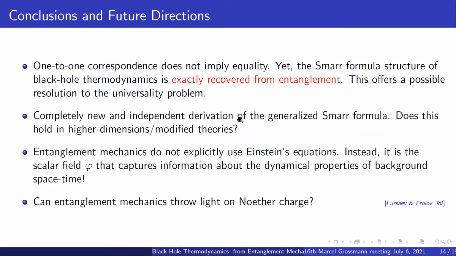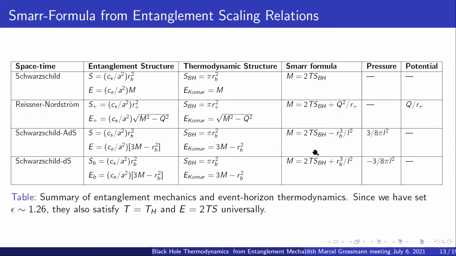So in order to conclude, I would like to say that this one-to-one correspondence that we obtained, even though it did not imply any equality of their respective counterparts, we were able to show that some fundamental results of black hole thermodynamics were exactly recovered from entanglement. So this includes the Smarr formula structure of black hole thermodynamics, as we observed over here.